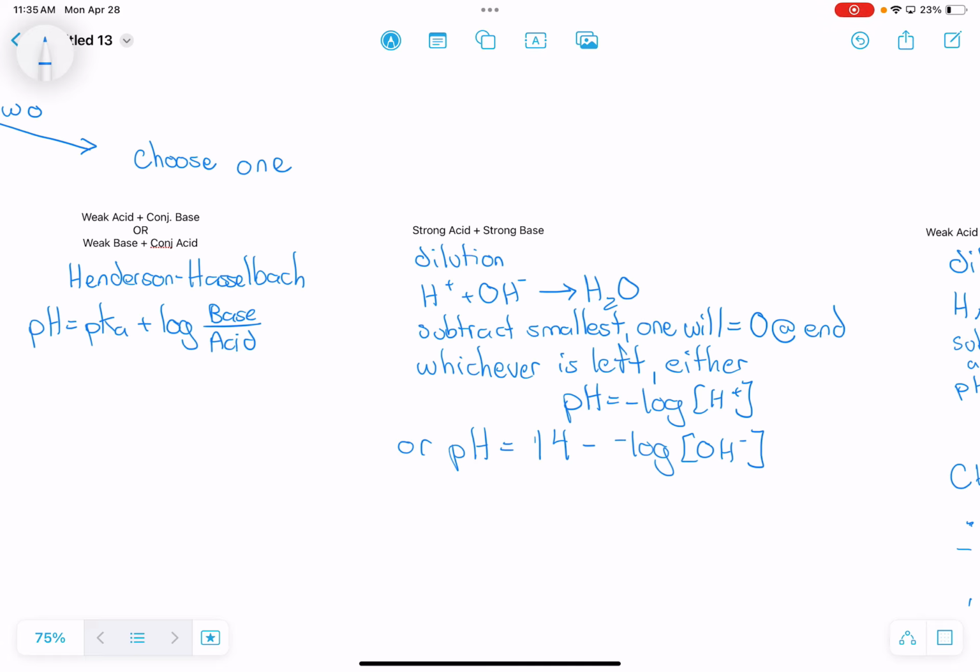So we'll still do a dilution step and a consumption step, but then we'll just take whichever one's left, an acid or a base, and do negative log of the H plus if it's the acid, or 14 minus the negative log of the OH minus if it's a base. Okay, so there's no equilibrium step with strong acid, strong base mixtures.